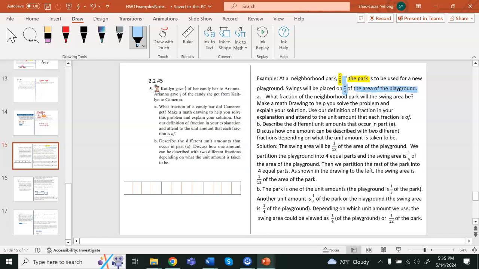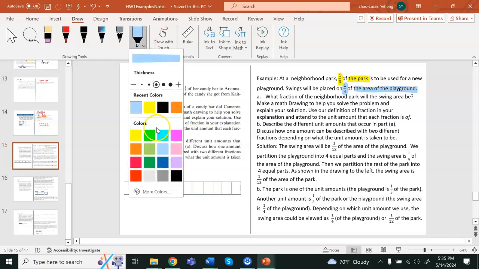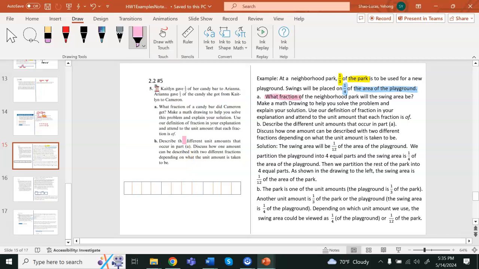Now, what fraction of the neighborhood park will the swing area be? The answer we're looking for is also a fraction, and its whole is the neighborhood park. So we're comparing two quantities. One of them is the swing area.